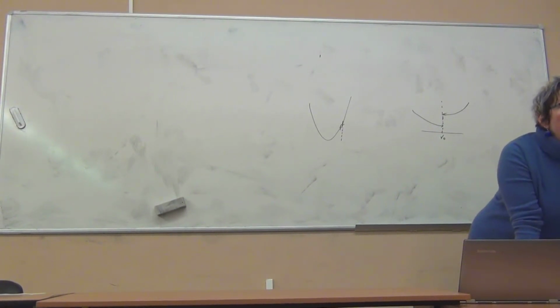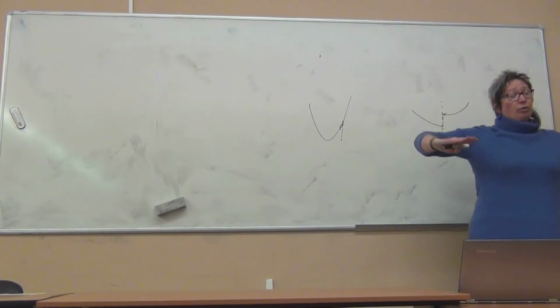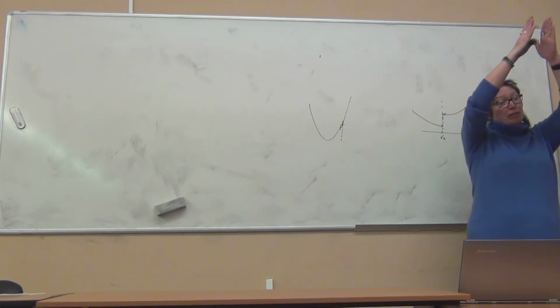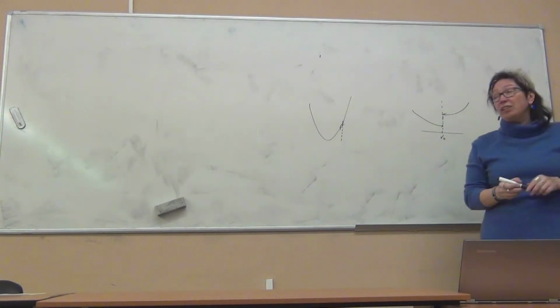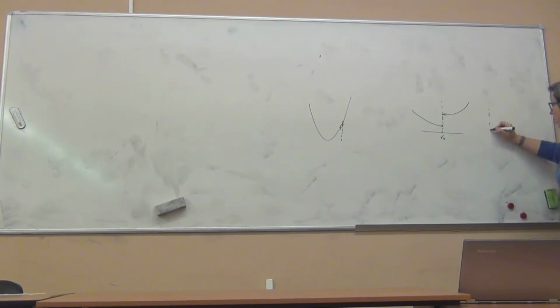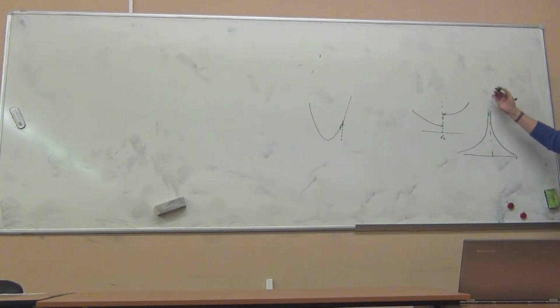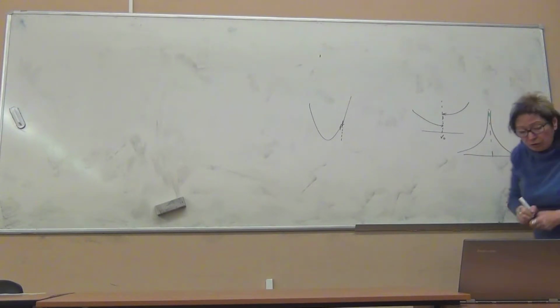It doesn't matter if both one-sided limits tend to the same infinity, in the same direction. Even if I have a graph like this, it's still a discontinuity, because the function is not defined here. It doesn't exist.